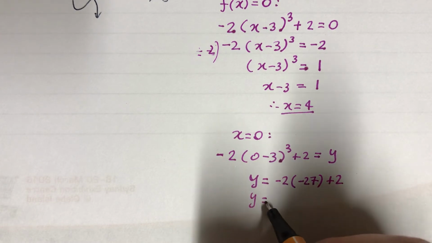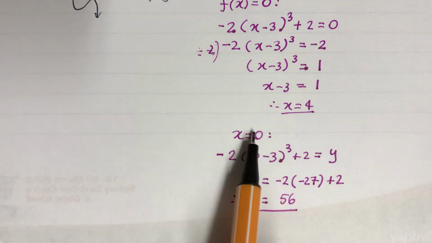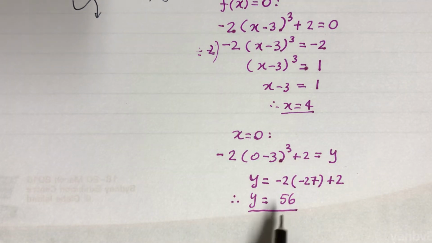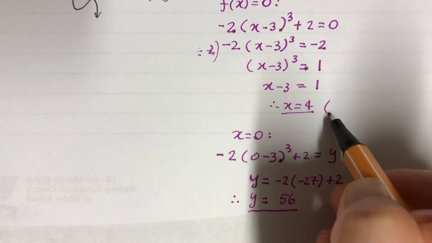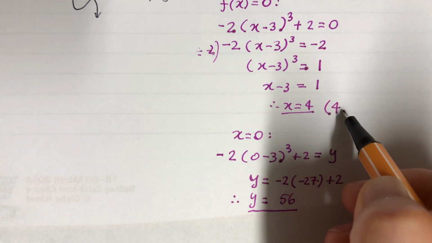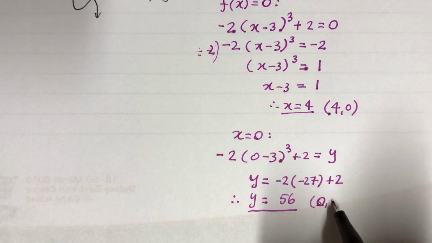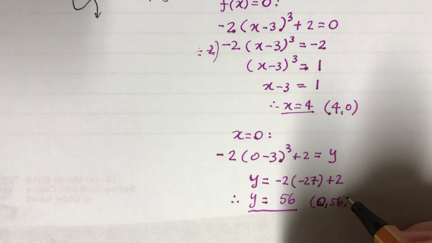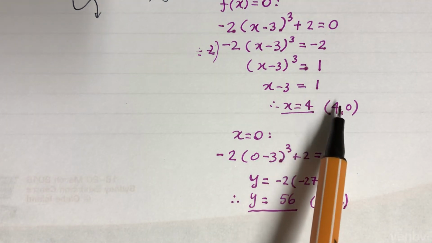Use your calculator. You will get 56. So when x equals 0, y value is 56. So we got that. So I'm going to put this into coordinate form: (0, 56). So these are the 2 points this graph will pass through, this one and this one.